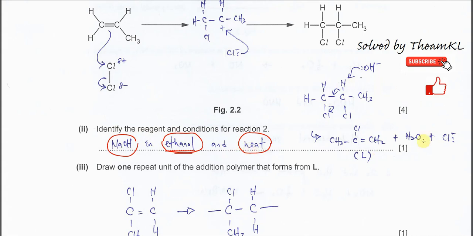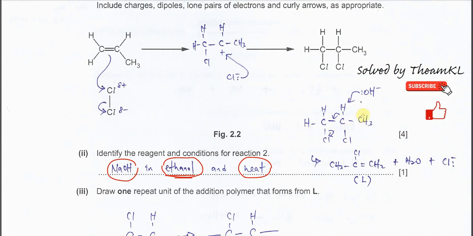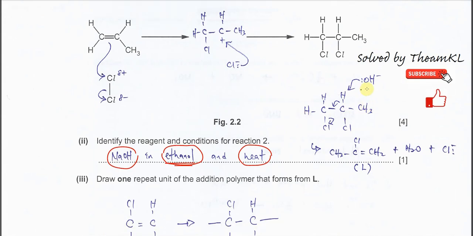So I'll show you how the reaction works. So this is the compound K, this one. When we use a hydroxide in the ethanol, this hydroxide will attack the hydrogens on the adjacent carbon. Let's say this is the chlorine that is going to be removed.